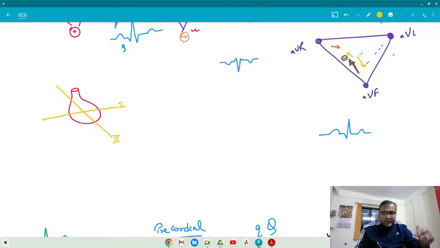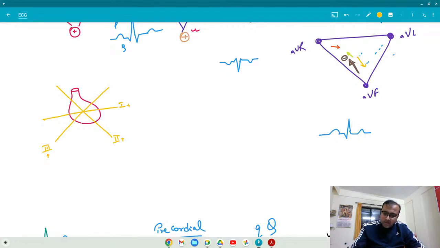This is lead two, moving towards the apex of the heart. And this one is definitely lead three. Yes, this one is lead three. This is the positive electrode. So this is lead three.